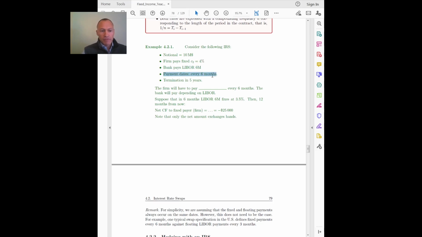Payments happen every 6 months, okay? And then instead of doing this just once, the difference now is that we will do this many times. So we specify that the interest rate swap will last for 5 years, meaning that we will do this exchange of payments 5 times 2, so 10 times, okay?